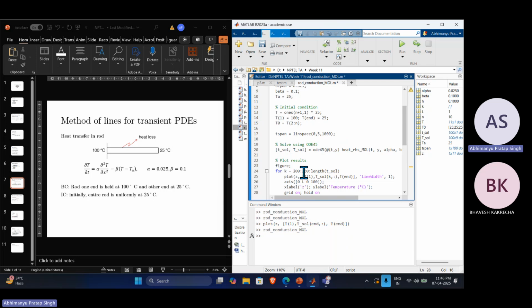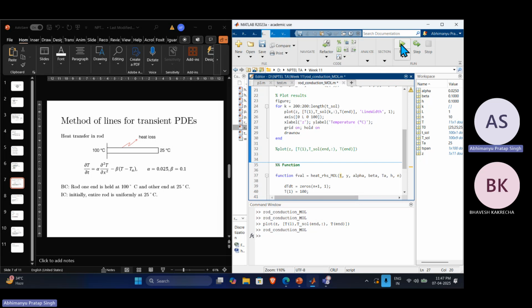I'm taking increments of 200, whereas my T span is only up to 100. So it's not even entering that loop.